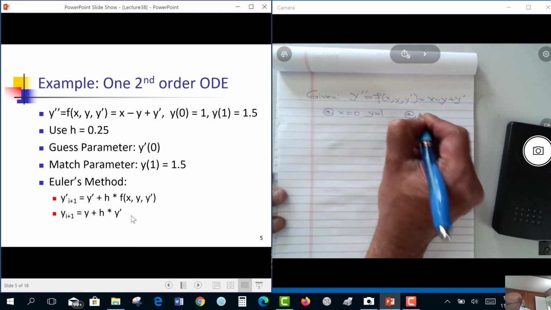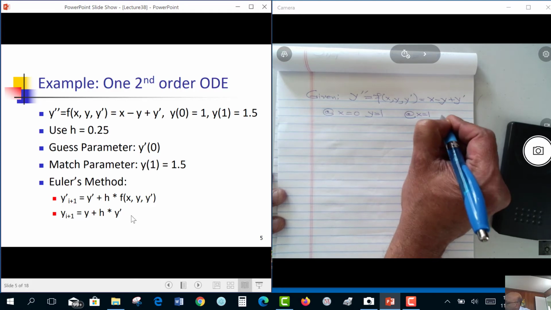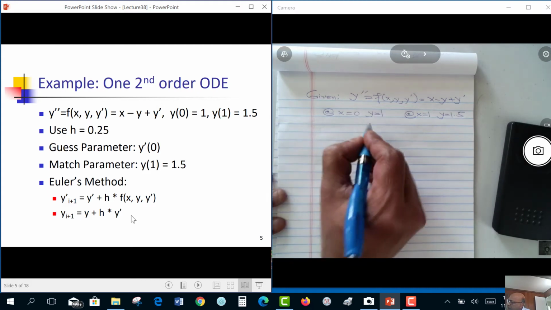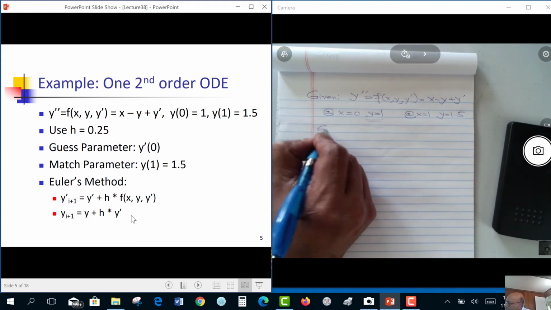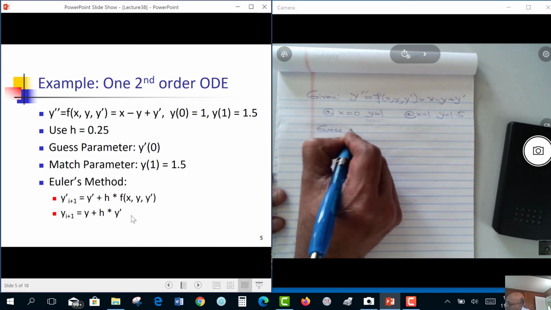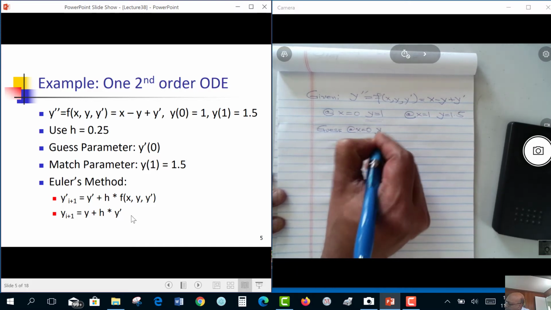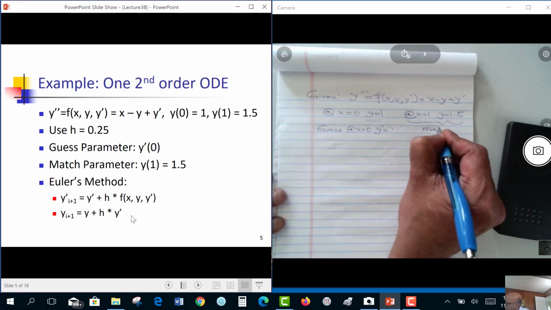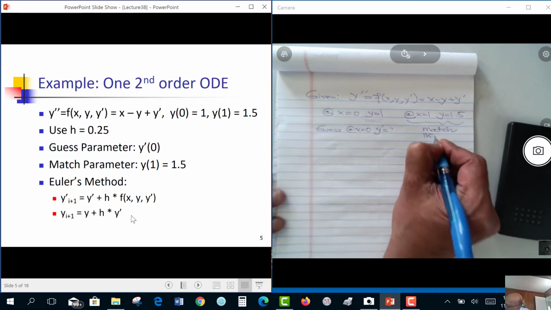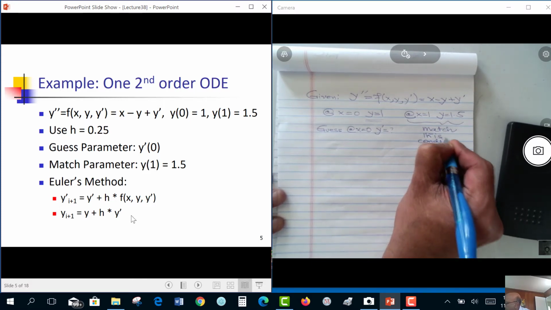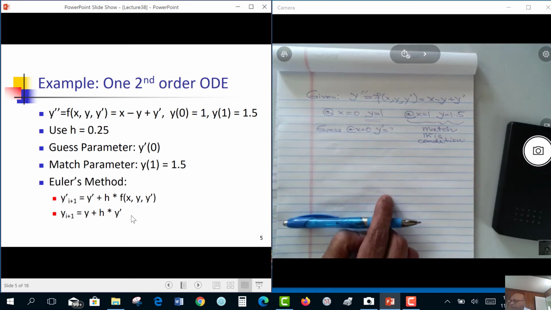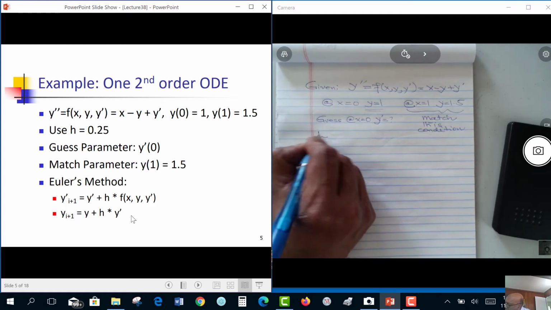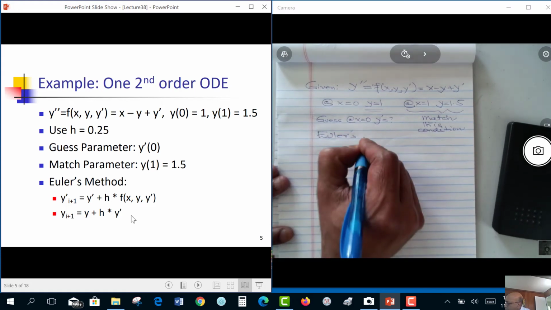And our other boundary condition is at x is equal to 1, y is 1.5. Since we are given y, we are going to guess at x is equal to 0 what y prime is. And then we are going to match this boundary condition. So we are going to solve our initial value problem by Euler's method, since we are going to do it manually.